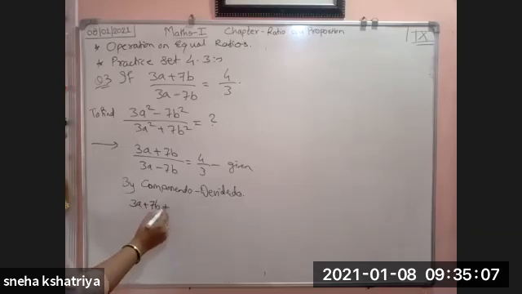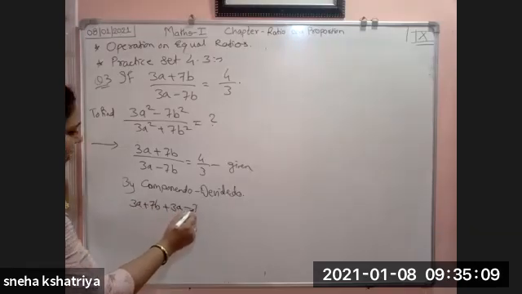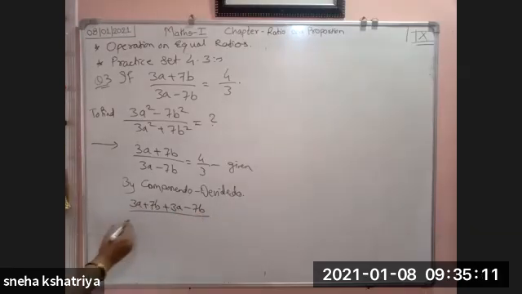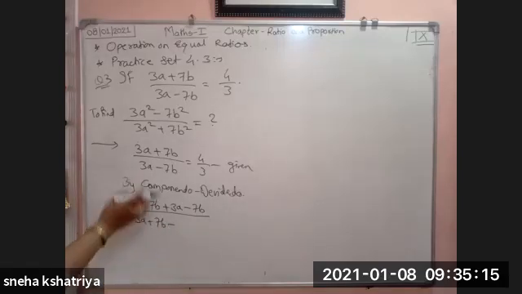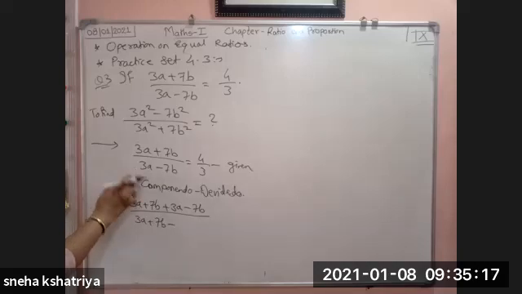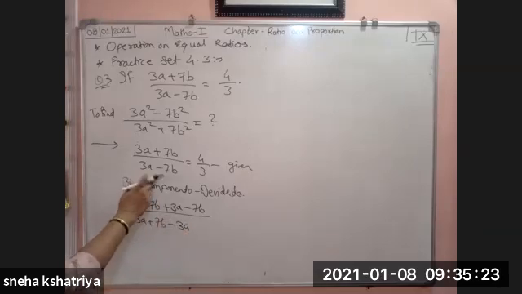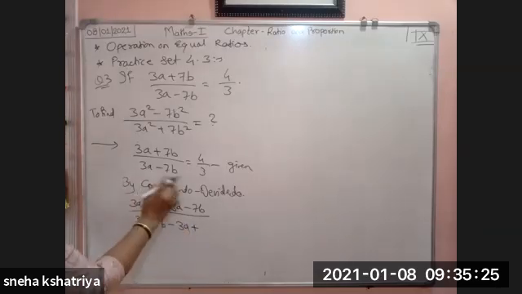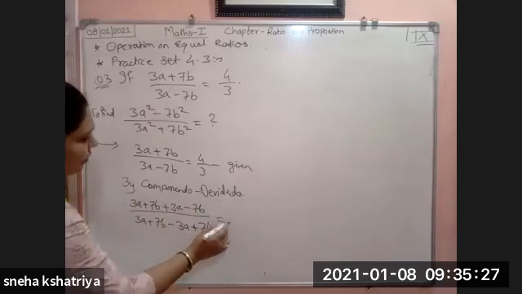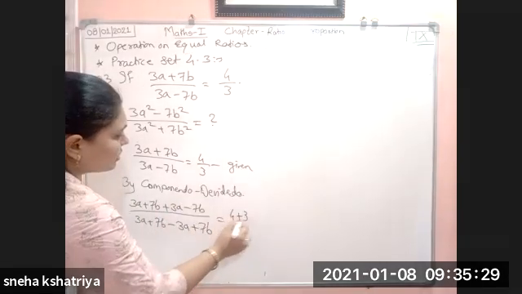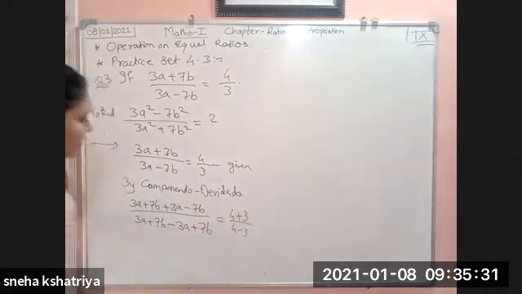3a plus 7b plus 3a minus 7b divided by 3a plus 7b minus, I'll multiply the minus sign and write it directly. Okay. Minus into plus, it becomes 3a minus 3a, and minus minus becomes plus 7b, which is equal to 4 plus 3 divided by 4 minus 3.